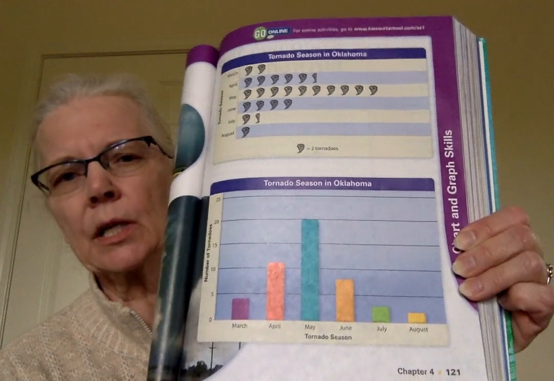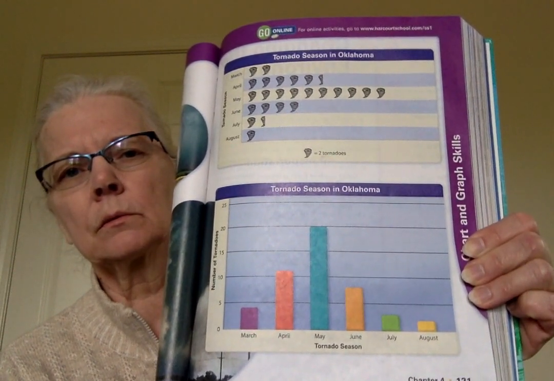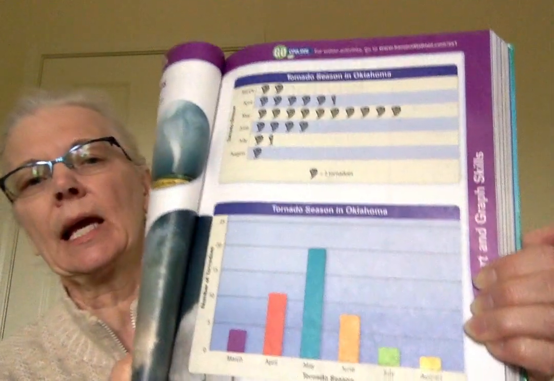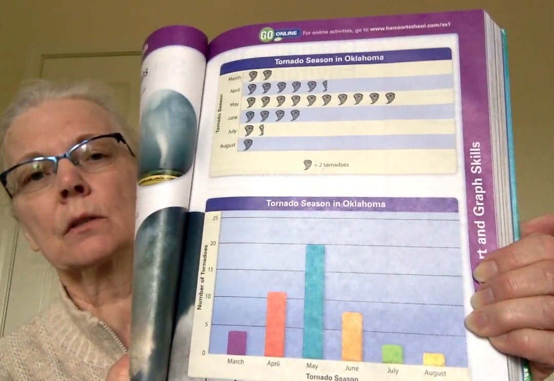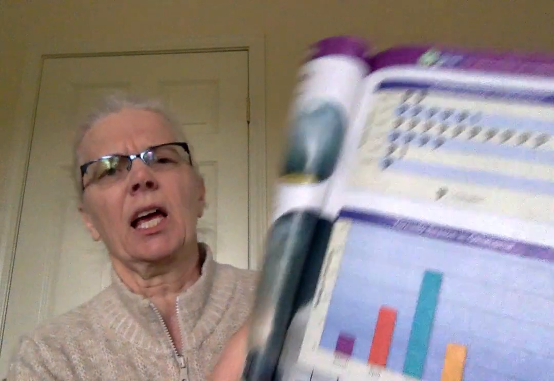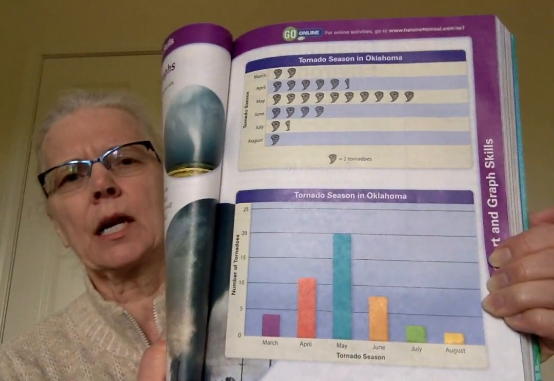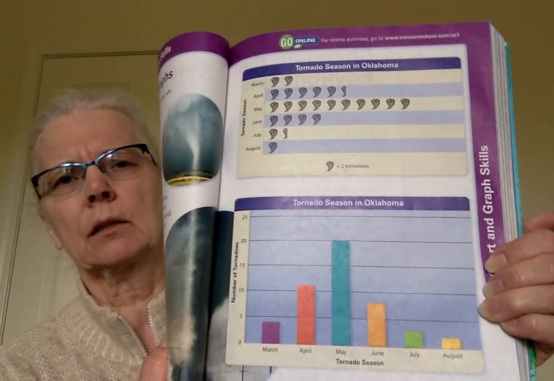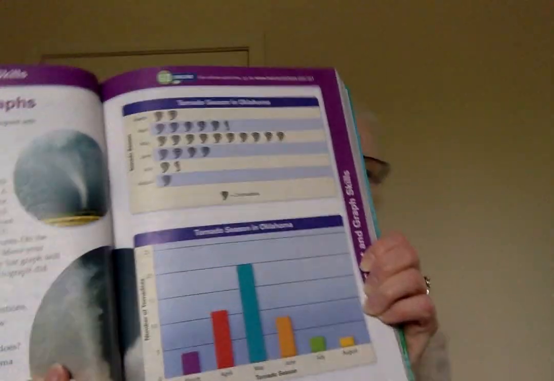Can you tell which month had the least number of tornadoes? When I look at August, I see that they only had 2 tornadoes. But then I look at July. How many tornadoes did they have in July? It's kind of hard to decide.